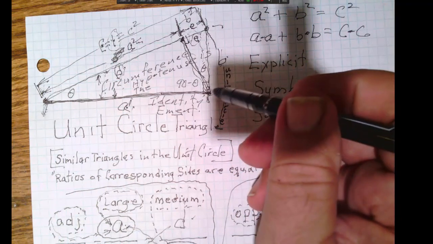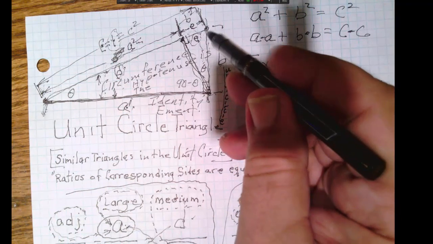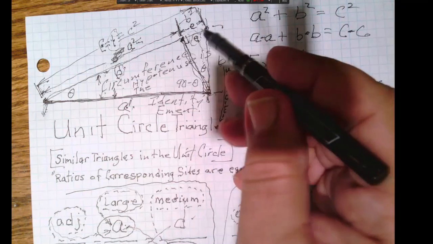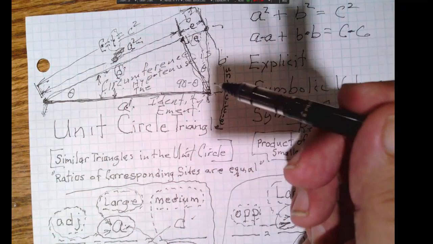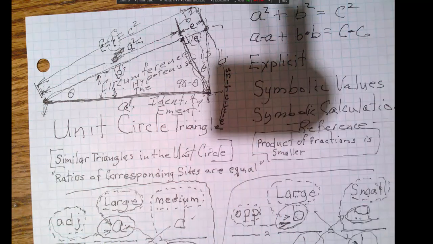And they could accurately transfer a value of B and a value of the square of B to another diagram. Anyway, that's what they used it for.